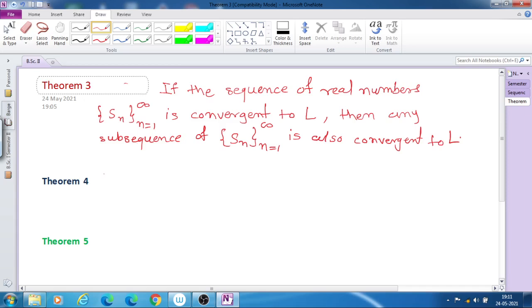Next we see theorem 4. This is also only a statement. So what is theorem 4?